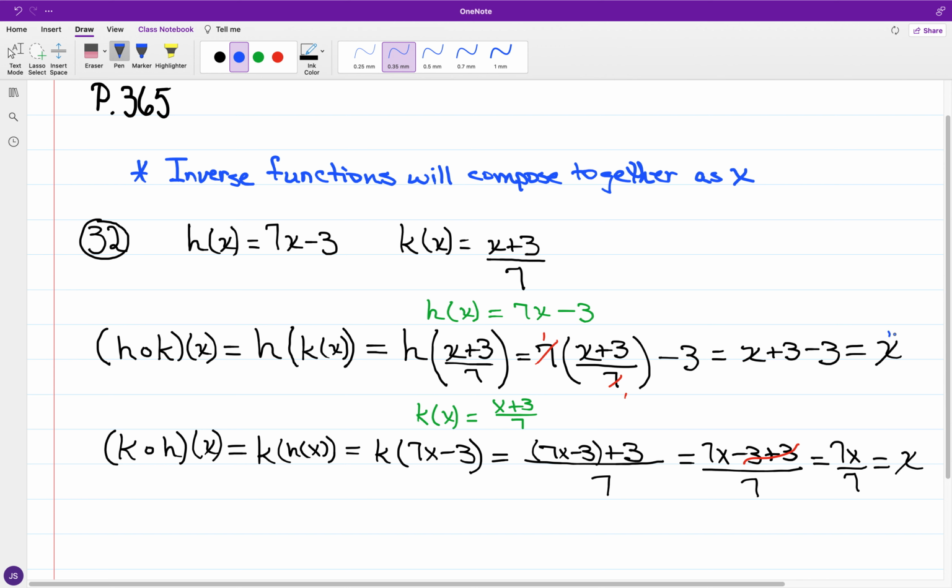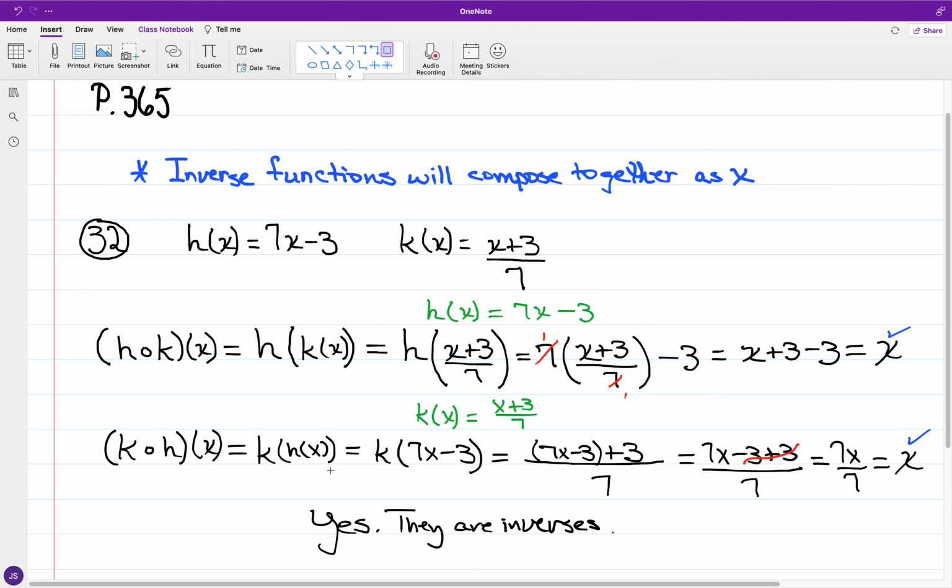So both of these compositions reduce to x. And so, in consequence, yes, they are inverses.